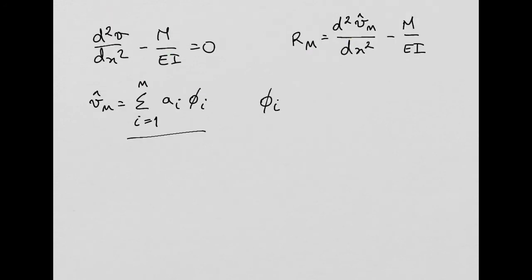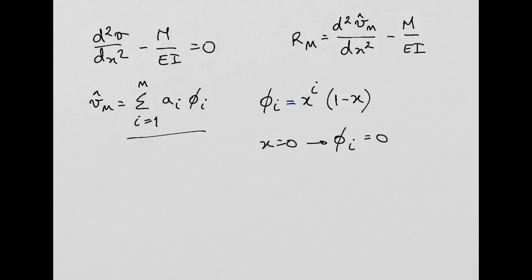So if I use these shape functions, look at this. When I do x equal to 0, I need to have phi i equal to 0. That is true, because if I replace this x by 0, I will always have phi i equal to 0. So I'm respecting the boundary conditions.